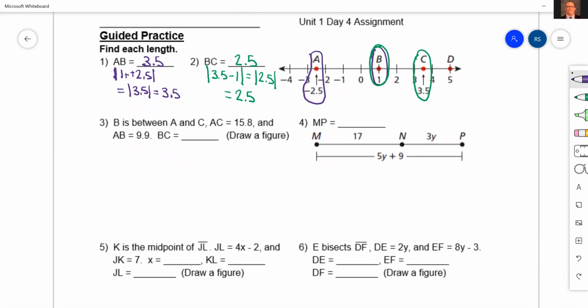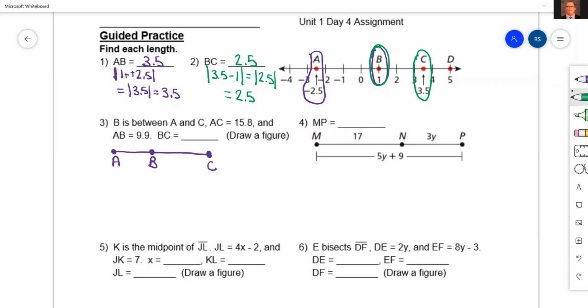Okay, number three. It says B is between A and C. Draw a picture. I've got A, I've got C. B is somewhere in between. I don't know if it's in the middle or not. I just know it's somewhere in between.